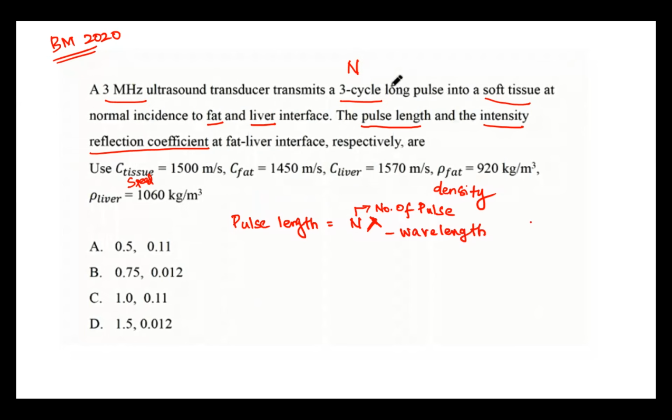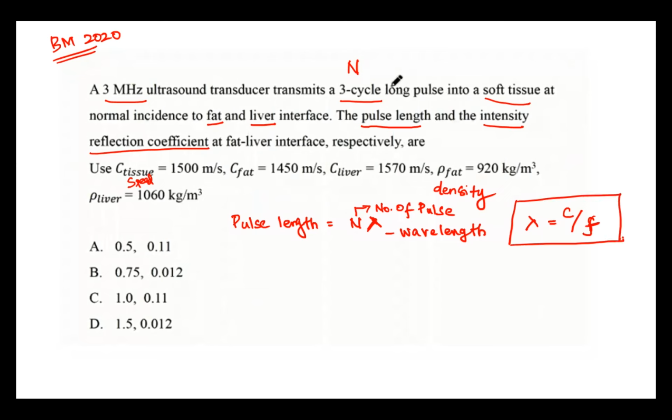What is the formula for lambda? We know C is equal to F into lambda, so bringing F to the other side, lambda is C by F. You should remember this formula.